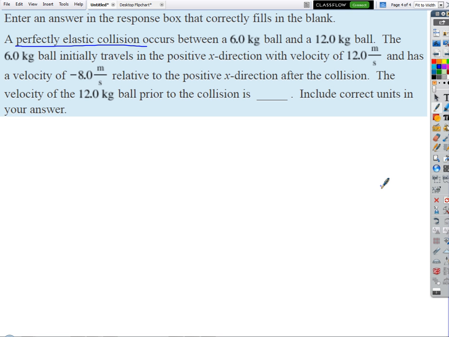So one thing we know is if we call this M1 and this M2, then M1 V1 plus M2 V2 equals M1 V1 prime plus M2 V2 prime, after the collision.